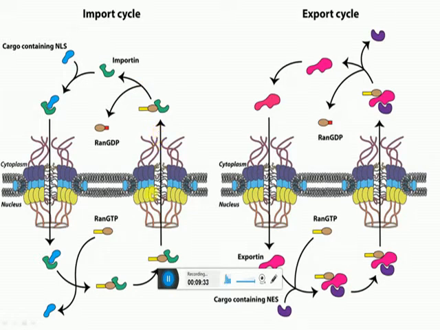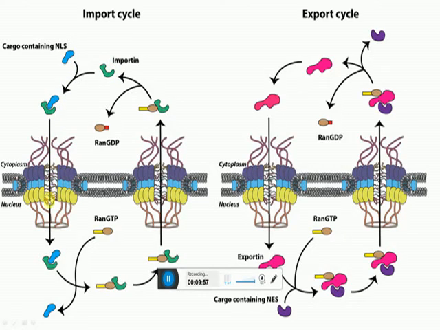In the import cycle, this is the RAN GDP. It causes conformational changes in the importin. Then this changed importin, according to the substance, that substance binds to the importin.